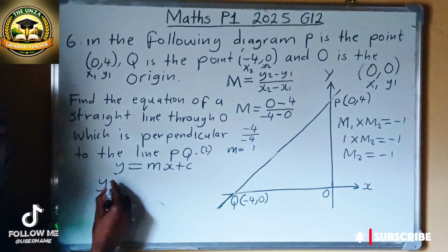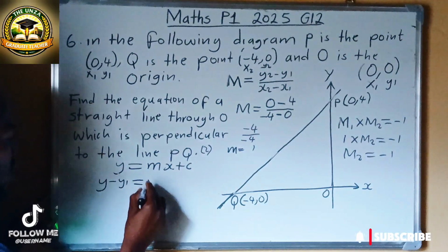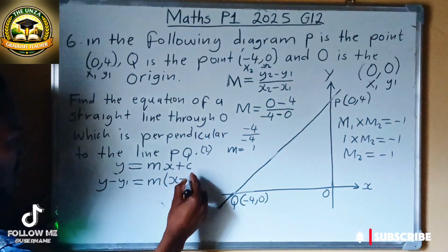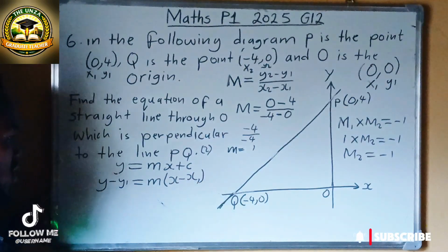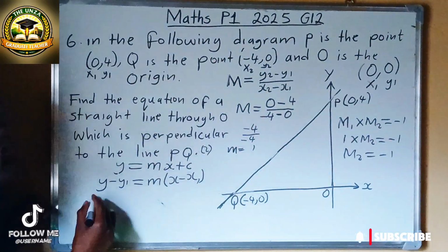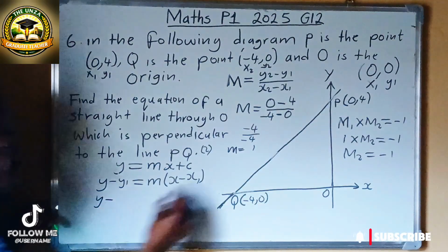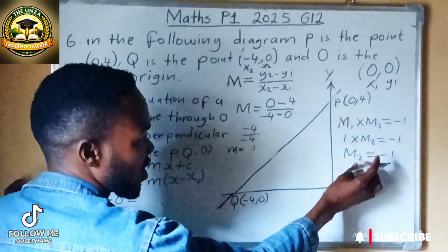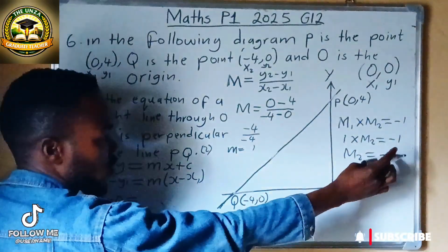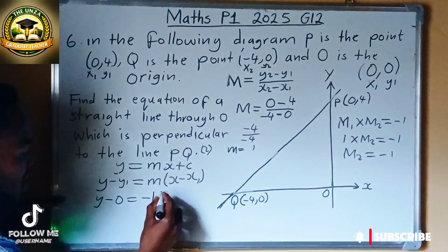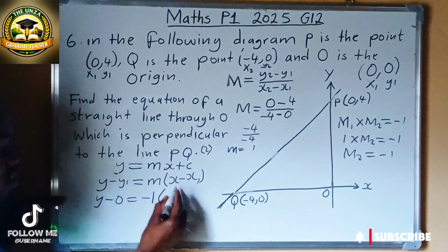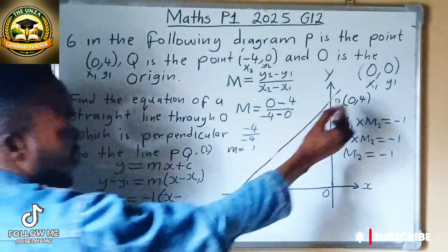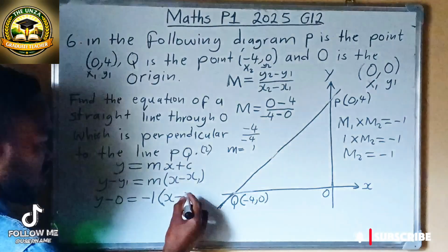You say y minus y1 is equal to m open bracket x minus x1. You just replace: where there's y, you don't replace anything. Where there's y1, you put 0. You say equals m, and you put the gradient of the perpendicular one, which is -1, in the brackets. Where there's x, you don't replace anything, minus x1, which is 0, the coordinate for the origin.